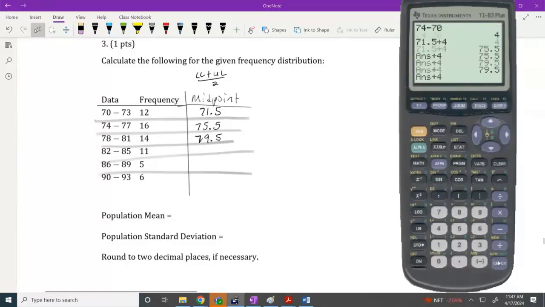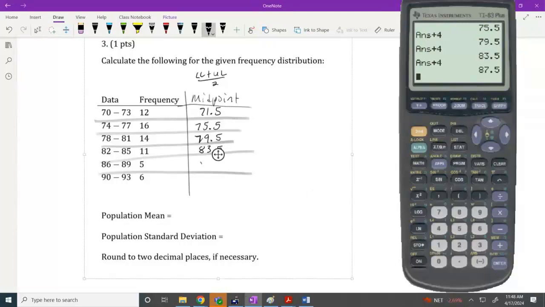Add 4 again, we get 83.5. Add 4 again, we get 87.5. And if you add 4 again, you get 91.5. Right. So we have found the midpoint.